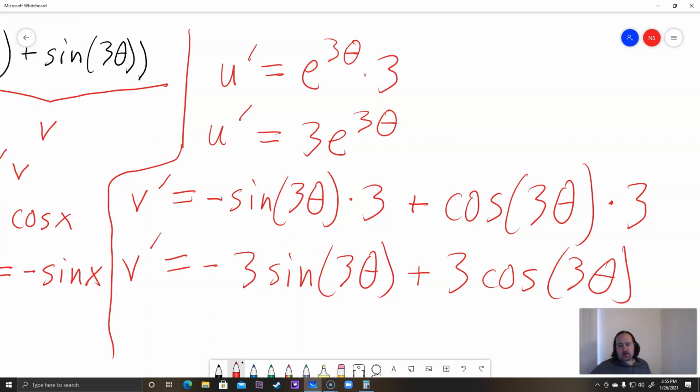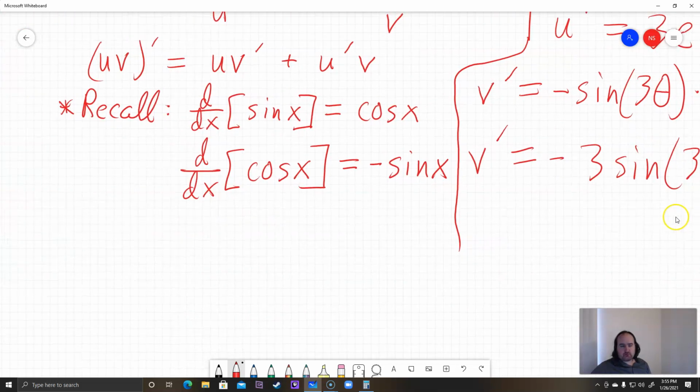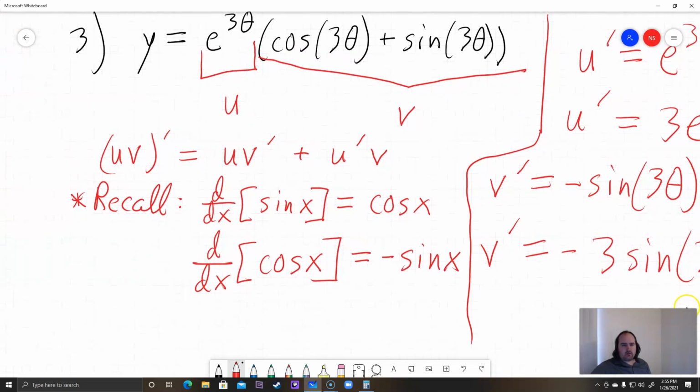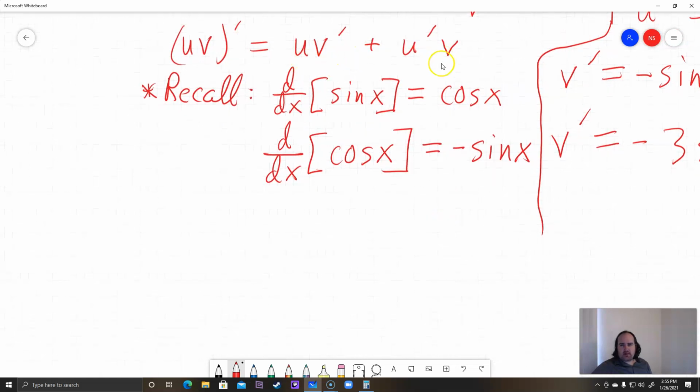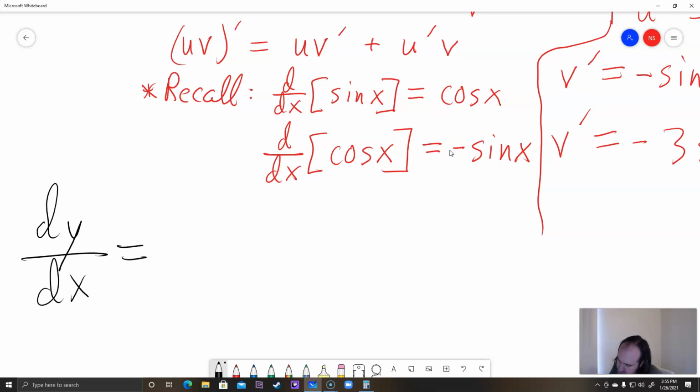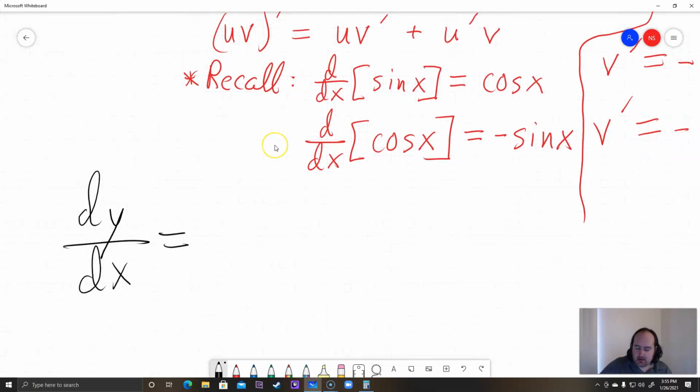Okay, so now we're ready to plug everything into the product rule. Our dy dx, using the product rule, is equal to uv prime plus u prime v. So we said u was e to the 3 theta, so we have e to the 3 theta times v prime.